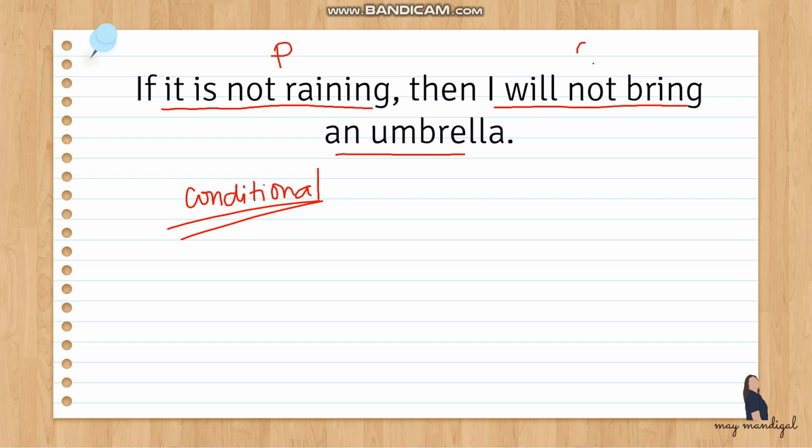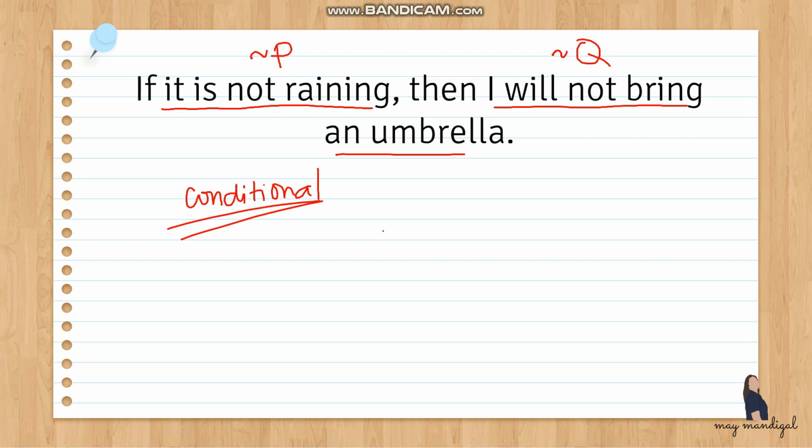So this one is Q. But notice that in our simple propositions, they have the word not. And that word not denotes that the given statement is in its negation form. So what we will do is, instead of just writing P, we write here not P. And then for Q, since again there is a word not, we have to write here not Q.